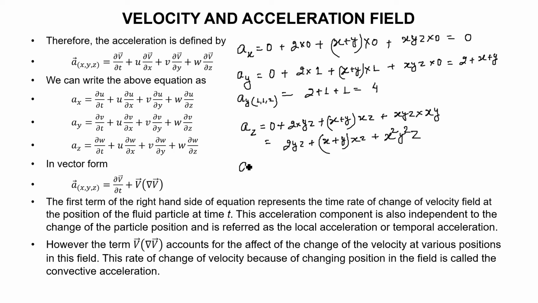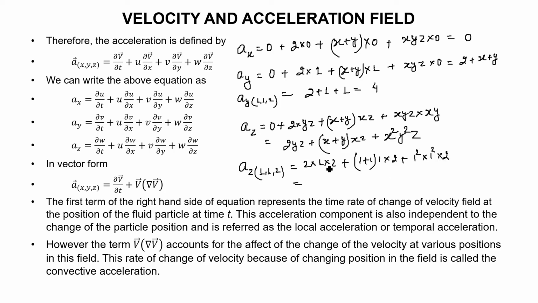Now az at (1, 1, 2) will be 2 into 1 into 2, plus (1 + 1) into 1 into 2, plus 1² into 1² into 2.